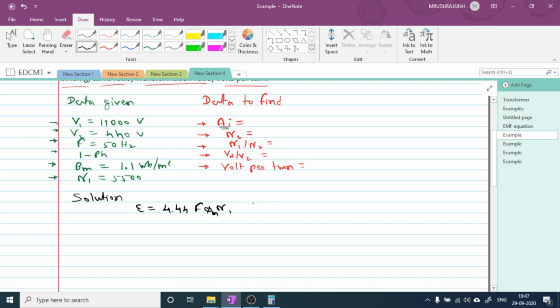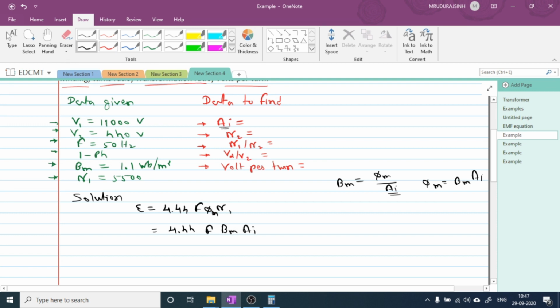And if you remember, the equation for flux density is Bm equal to phi m by Ai, the cross sectional area. So instead of phi m, if we replace it with Bm into Ai, the equation for induced EMF is modified as 4.44 F Bm Ai N1.